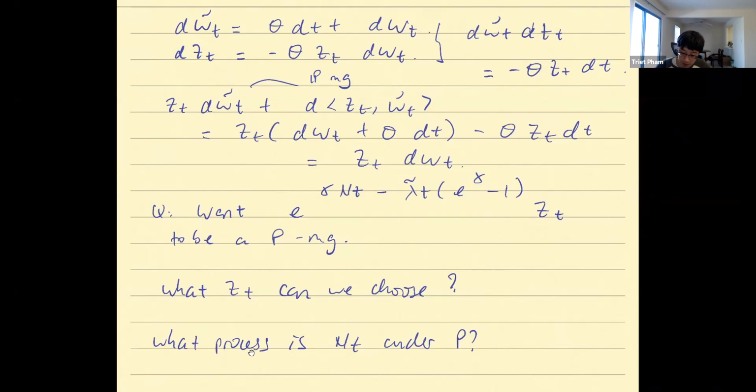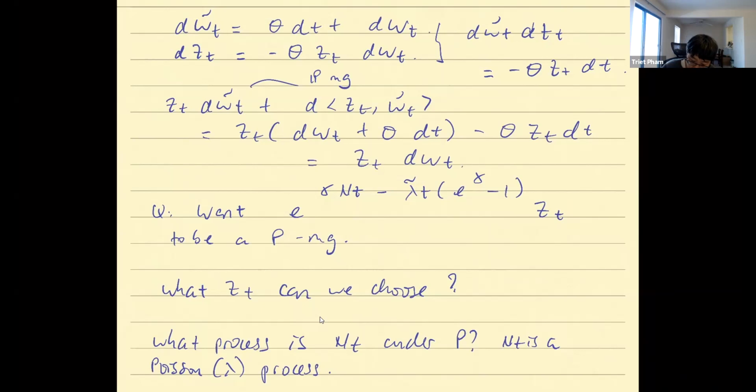What process is Nt under P? Nt is a Poisson lambda process, right?